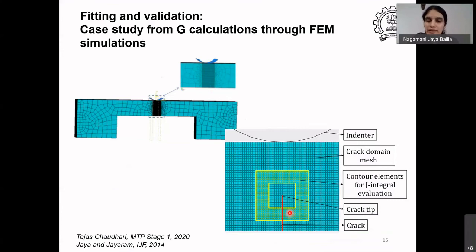When you have to calculate this value of G, I'm going to obtain the value of G from one contour, which is close to the crack, the second contour, the next contour, the third contour, the fourth contour, and so on, for as many contours as we can possibly get, until we get what is called convergence. So what happens when you get the values from very close to the crack tip, the stress gradients being very high, there is an error associated with what we get in terms of G.